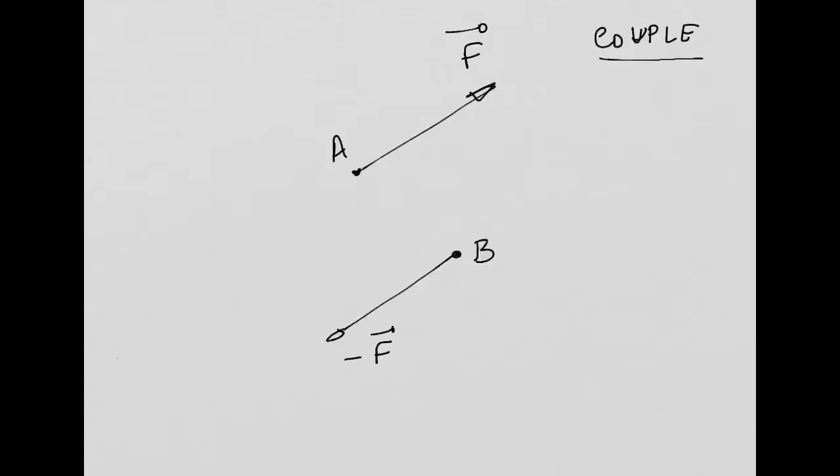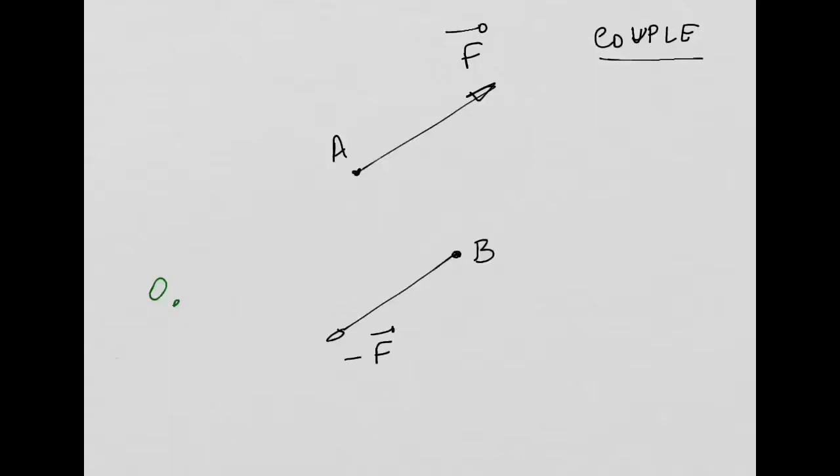So what I'm going to do now is calculate the moment produced by this couple, or by these two forces, about, for example, this point O. Okay? And in order to do that, I need, of course, to define my position vectors, right?